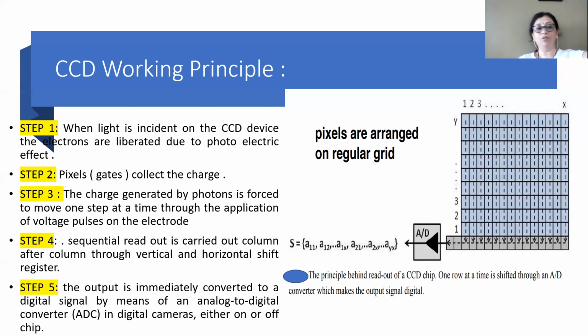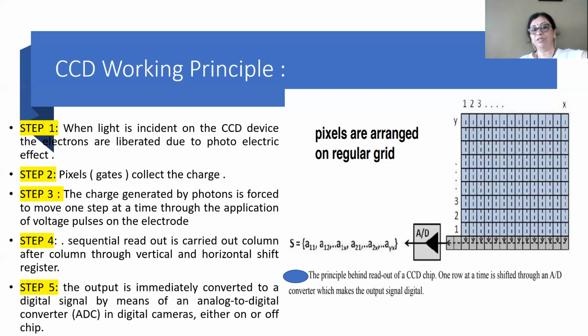This analog to digital converter may be a part of camera or it may not be part of camera. Afterwards, it will be converted into digital in some cases. Okay, but mostly on chip it is converted into its equivalent digital value. Sometimes amplifiers are also present because the charge is not sufficient.